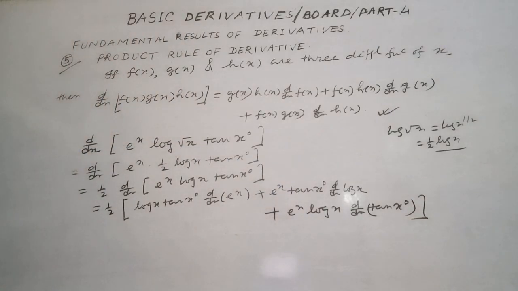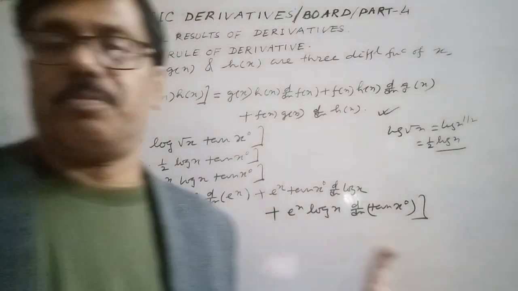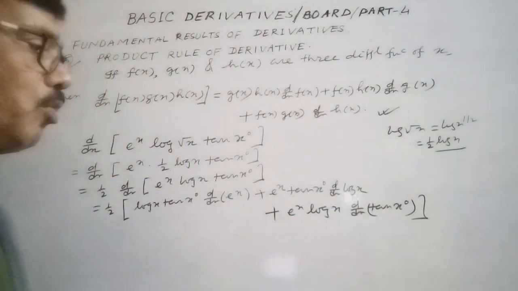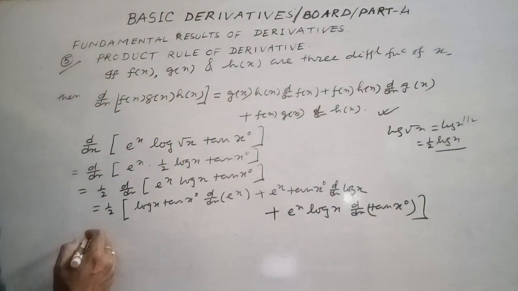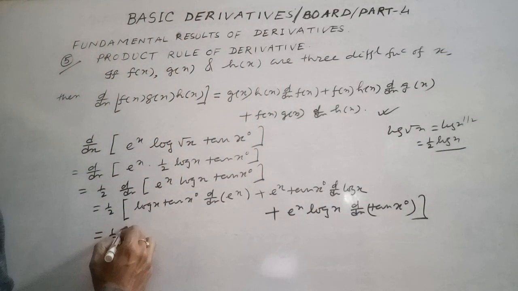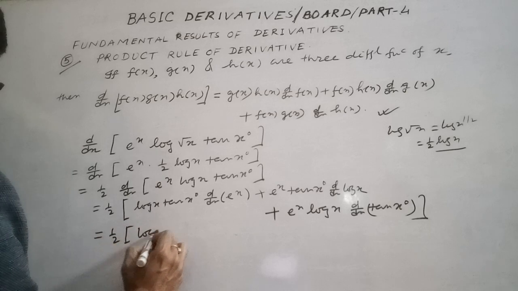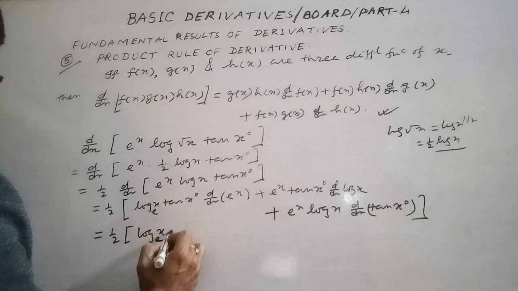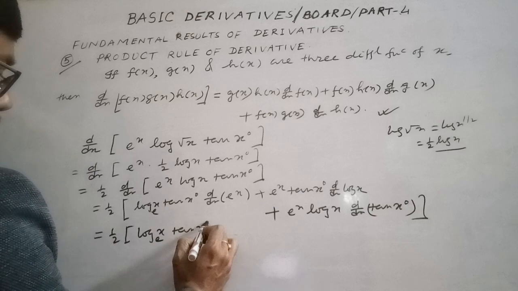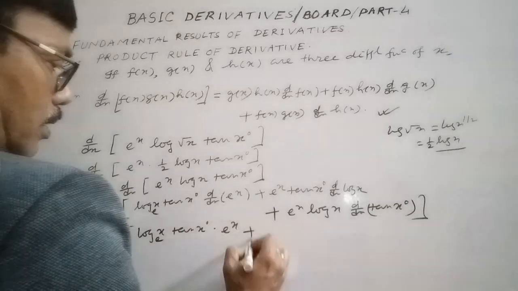Now use the formula of basic derivatives. So half unchanged, log x (obviously base is e), tan x degree into e to the power x.